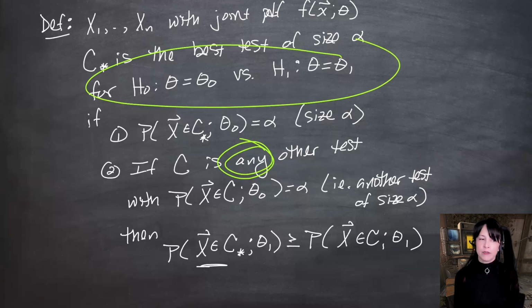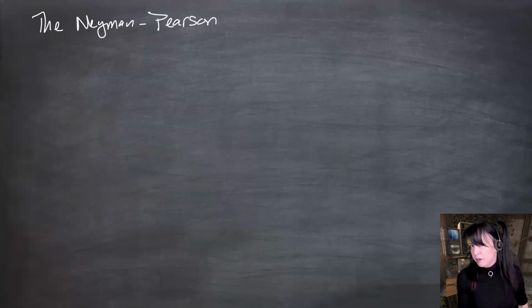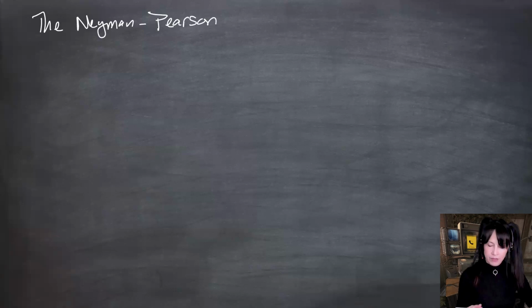Okay, so still in this simple versus simple regime, how can we find a best test? We find a best test with the Neyman-Pearson lemma. A lemma is a theorem, but it's supporting another theorem. And you'll see eventually why we're calling this a lemma.